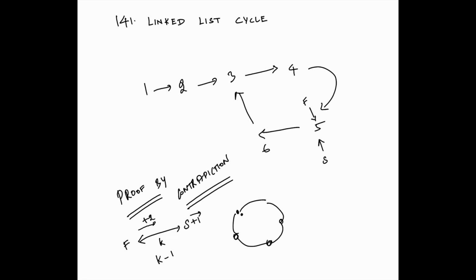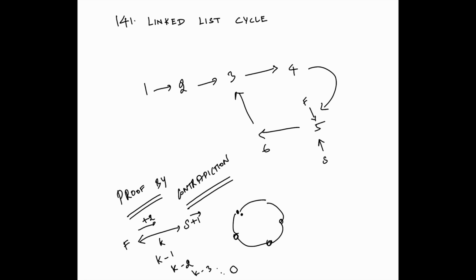So overall, the reduction is 1. And by induction, the next iteration is going to be k minus 2. And at some point, this is going to become 0 for any positive value k. So proof by contradiction, we just see that no matter what k you start with, the fast and the slow pointer will collide. And that's pretty cool. That's a pretty interesting algorithm that works.